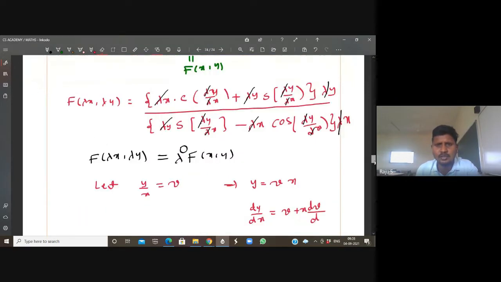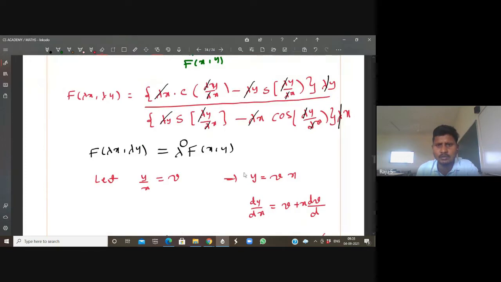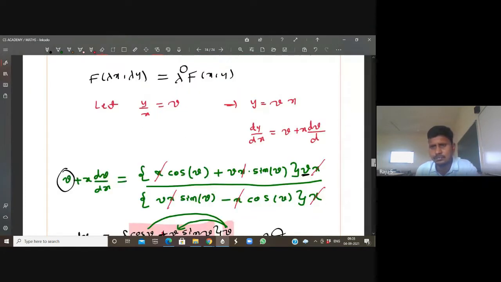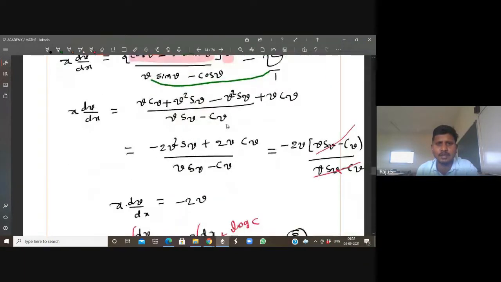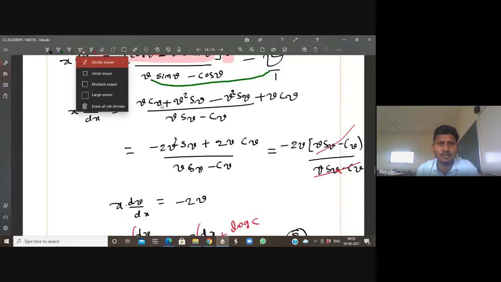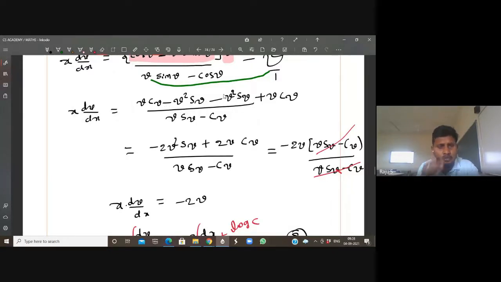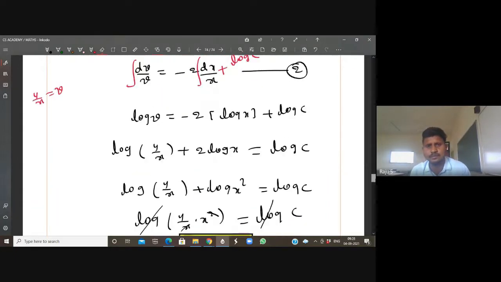It is a function in that, no doubt, minus. Here also minus. Now our answer is correct. Now instead of this, you can take that plus, then here v square plus v square minus v square get cancelled. That question and all you have to do. Then 2v cos v by v sin v minus v, you can cross multiply, you can divide it. That is easy only. Not at all difficult.